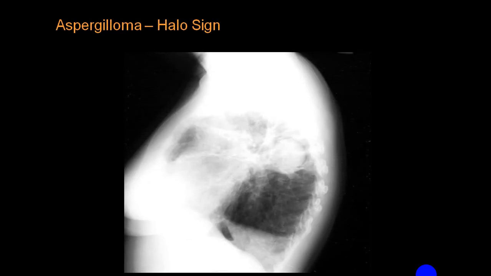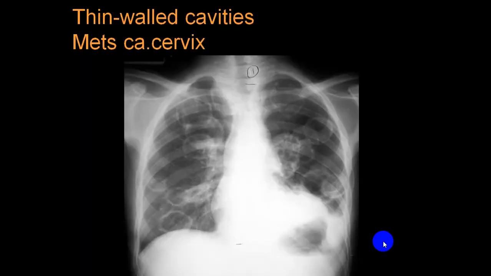Aspergilloma, halo sign or air crescent sign. This is aspergilloma. Multiple thin wall cavities. This is secondary metastasis, cavitary metastasis.